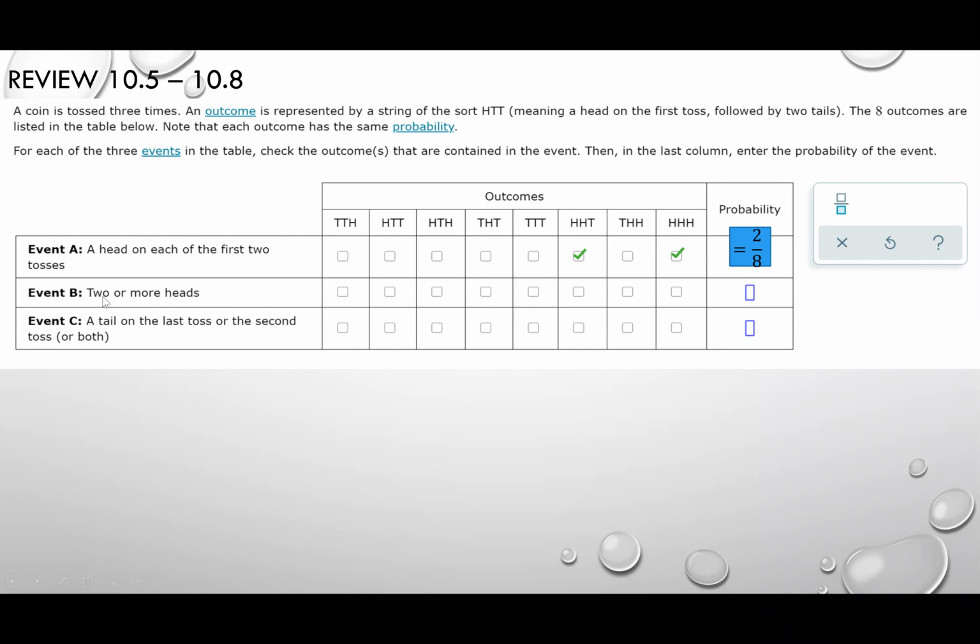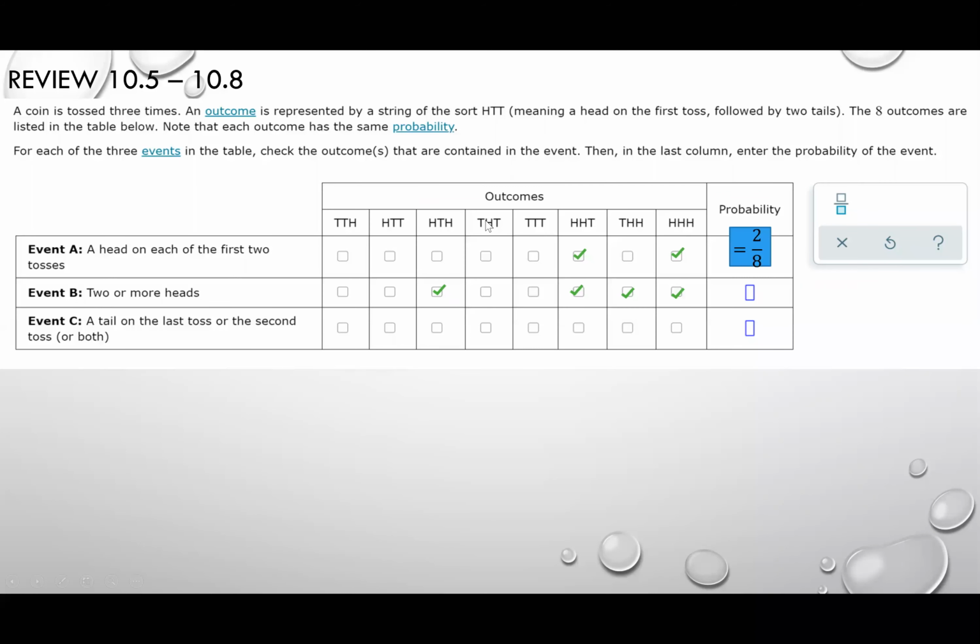What are the outcomes here? The outcome for B is 2 or more heads. Does this item have 2 or more H? No, right? There is only one H, so it doesn't fit the description. 2 or more H is right here, 2 or more, 2 or more. So as long as they have 2 or more, that's where I need to put a check or mark.